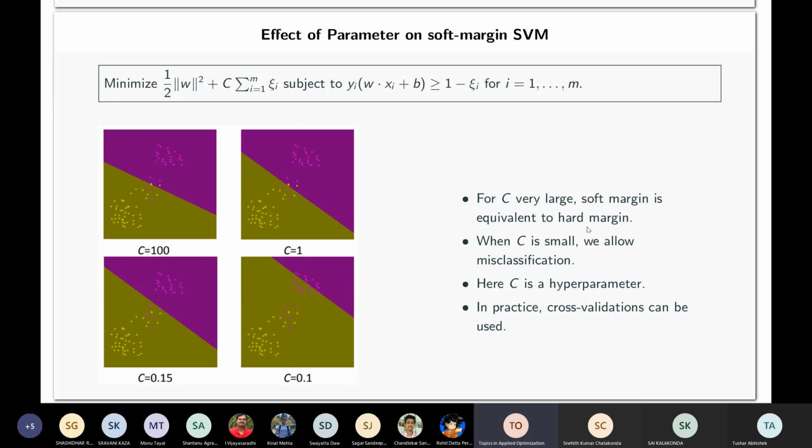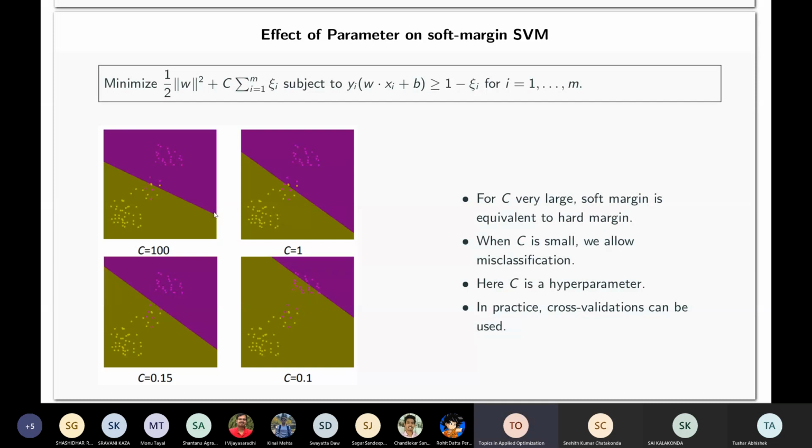So C is large. Okay, in this case, the C is large here, and the decision boundary we got is this guy. Okay, so in this case, it's a hard margin.